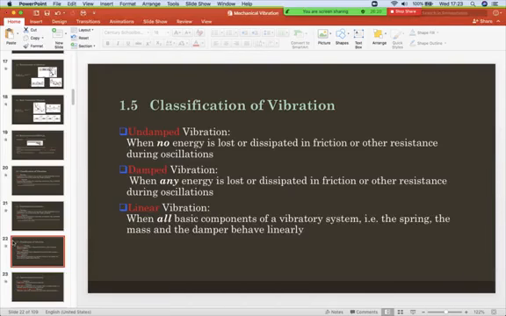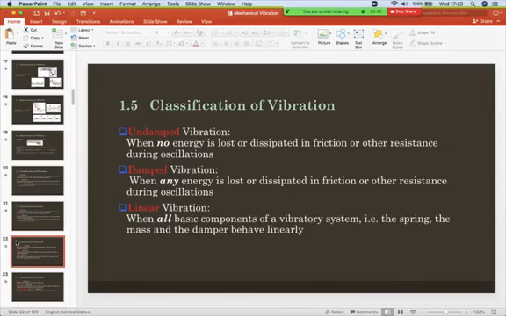Linear vibration. This is when all basic components of a vibrating system, i.e. the spring, the mass, and the damper, behave linearly. Again, there are three components of a vibration system: the flexibility or the spring, like we see in the degree of freedom. There's a spring deflection. We have the masses M1, M2, M3, and the damper.